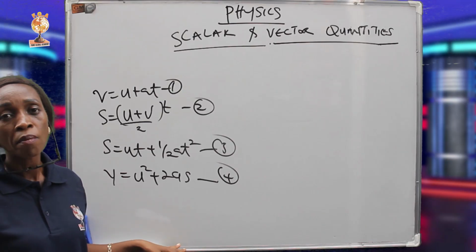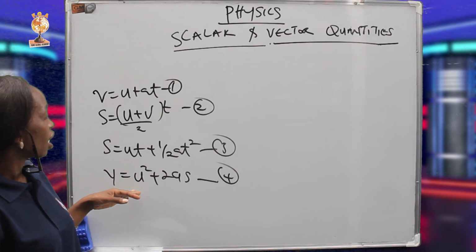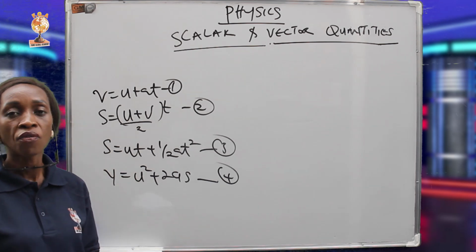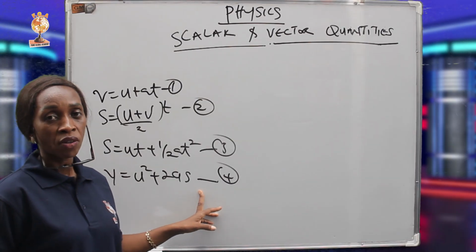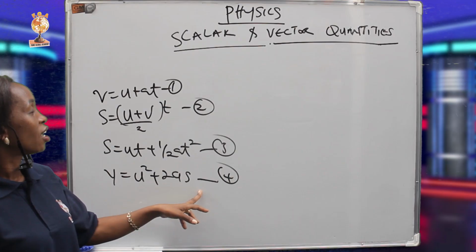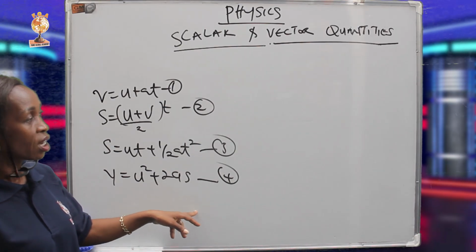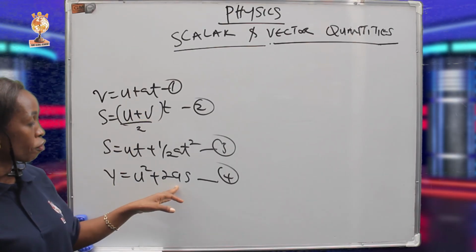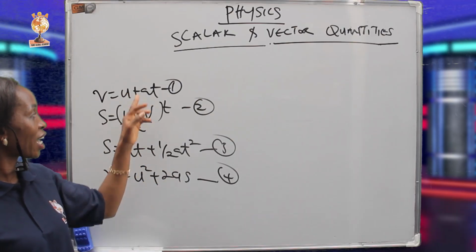When I'm given distance, initial velocity and acceleration, and I'm asked to calculate the final velocity v, I should use equation 4. But if I'm given time and acceleration with the initial velocity, I should use equation 1, not equation 4. Equation 1 and equation 4 are almost the same, but if you look at them, there are differences in their symbols.